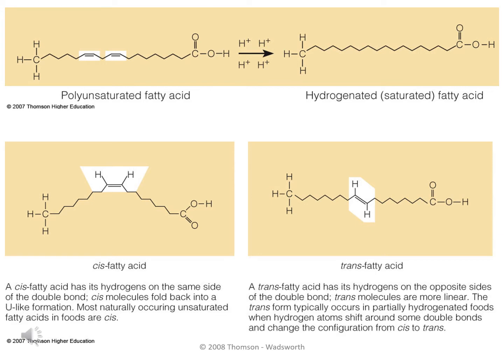This is considered to be a more linear type of molecule, where now the hydrogens are on the opposite sides of the double bond. The main issue is our body is not quite sure how to metabolize this, and in turn it increases the health risks such as heart disease, elevation in blood cholesterol, as well as other blood lipids.